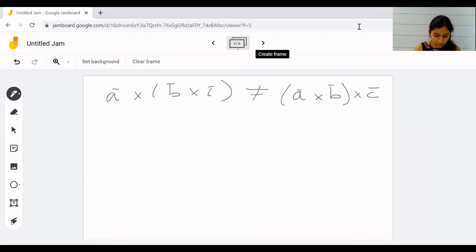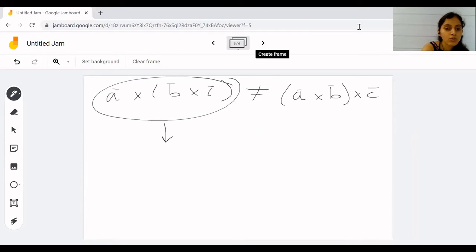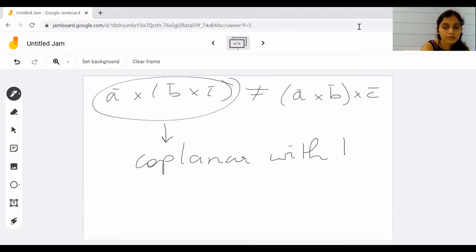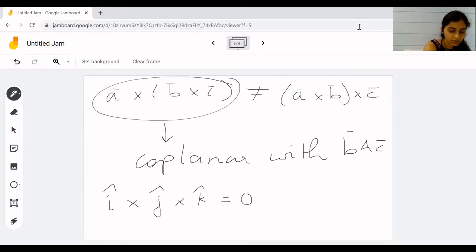A bar cross B bar cross C bar is a linear combination of B and C, and hence is coplanar with B and C. So basically this vector over here is coplanar with the B bar and C bar vectors. Last property of the vector triple product is I bar cross J bar cross K bar is equal to 0.